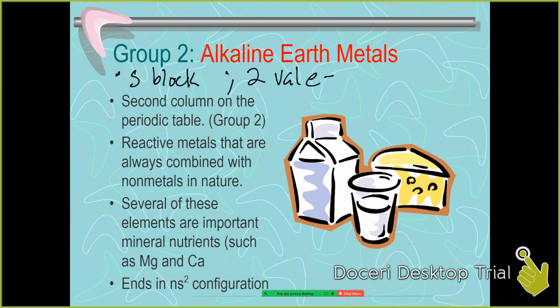Has some nutrients like magnesium and calcium that fall in that group. And the same thing as group 1, their reactivity increases down the group because they're still a group of metals.